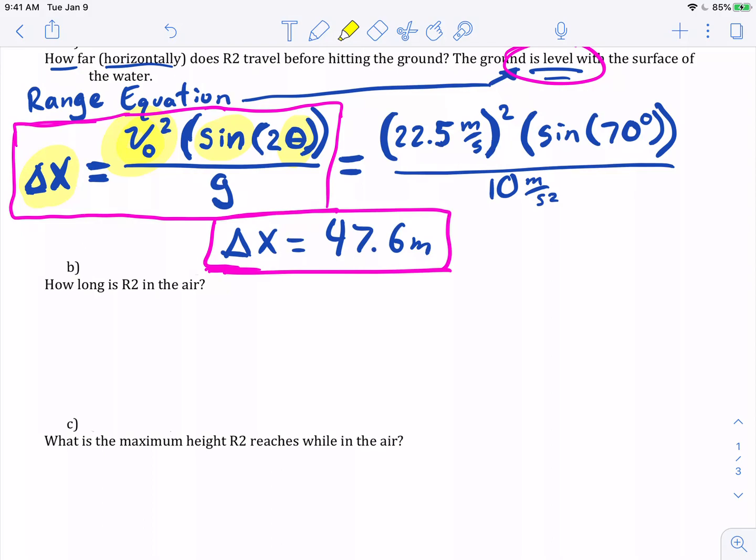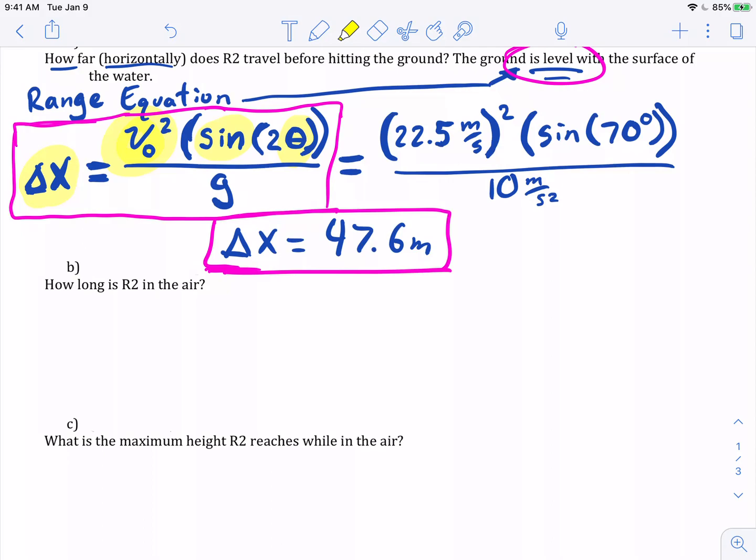Both of those are directly related. If the velocity goes higher, R2-D2 will go farther. And if the angle gets to the perfect angle, which we saw is 45 degrees, R2-D2 will go farther. That's because sine of 2 theta gets its biggest value once theta is 45, and we saw that in our previous video.